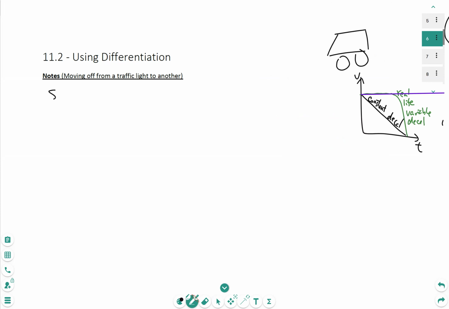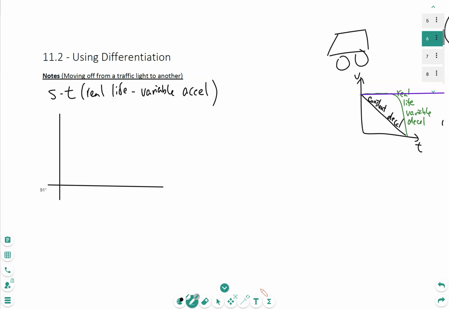First of all, let's look at the ST graph, the displacement time graph. In real life, where we have variable acceleration, the ST graph is a curve.